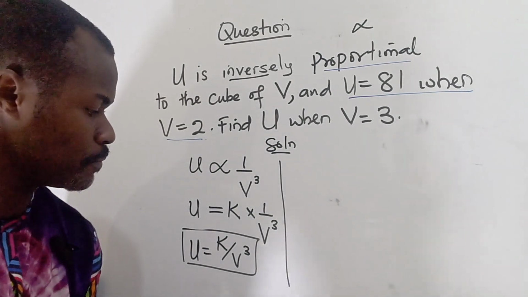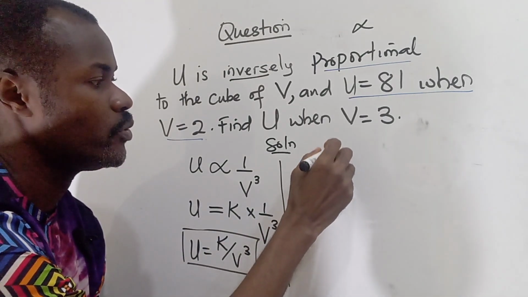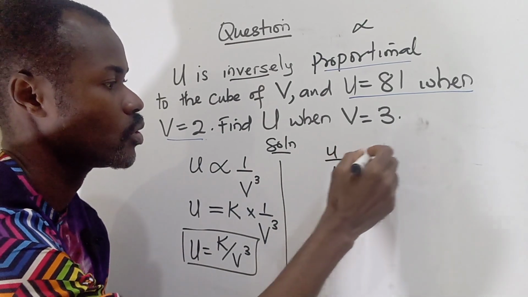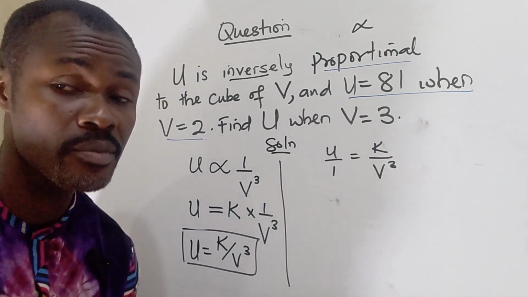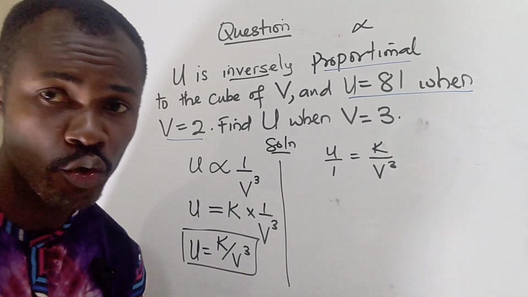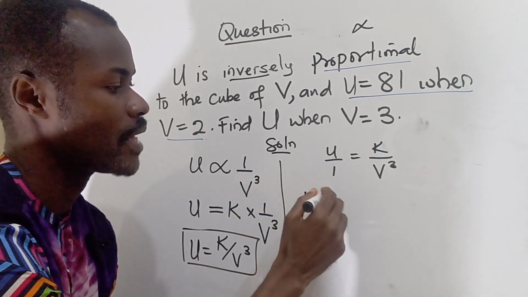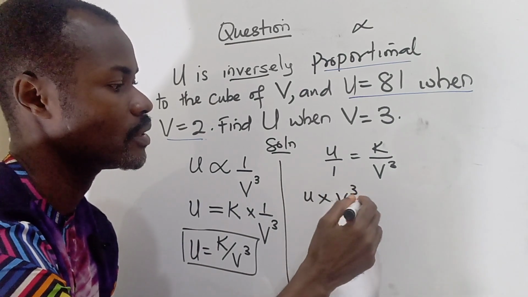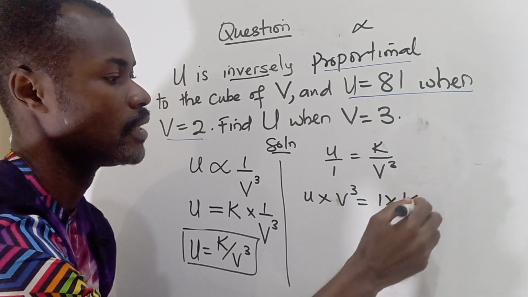Now let's do that. To get the value of k, I'm going to cross multiply this. So I have u over 1 equals k over v cubed. So I'm going to multiply u times v cubed, and 1 times k.